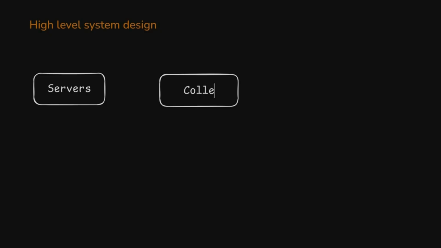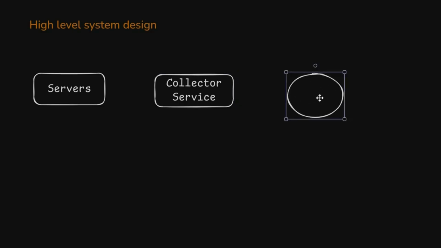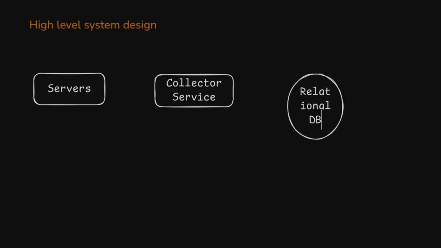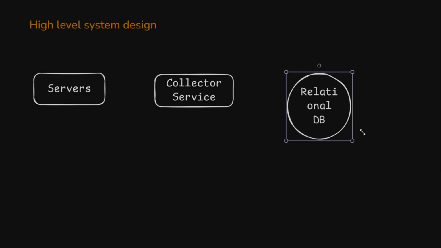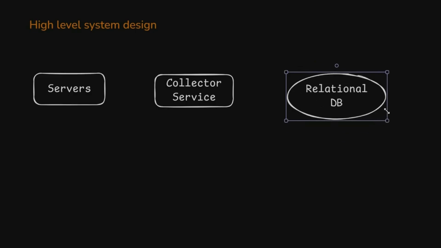So let's say collector service, and we are storing this information in some relational database. As always, we are not making any choice in high level system design.